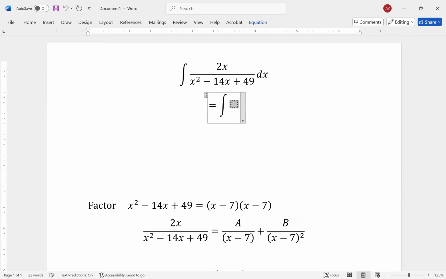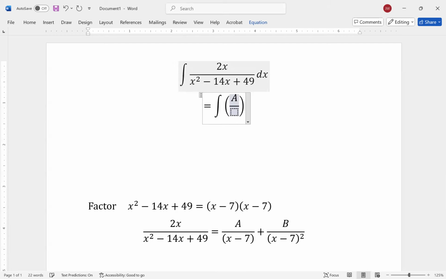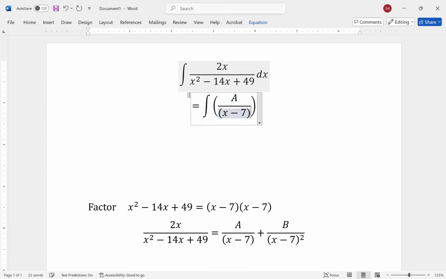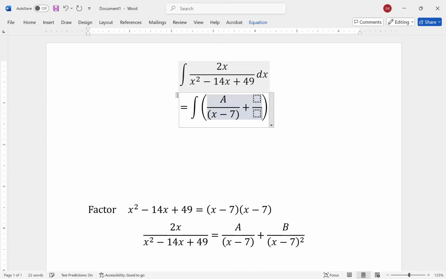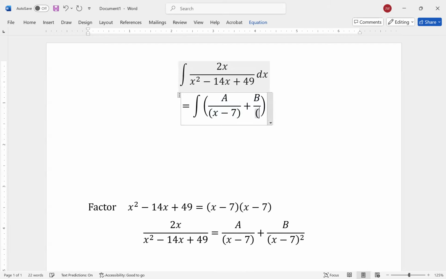all this means is that when we integrate 2x over the quantity x squared minus 14x plus 49, that is the same as integrating A over x minus 7 plus B over the quantity x minus 7 squared.